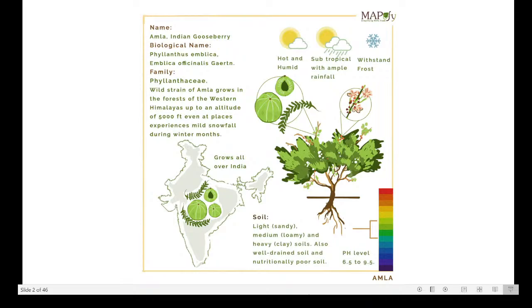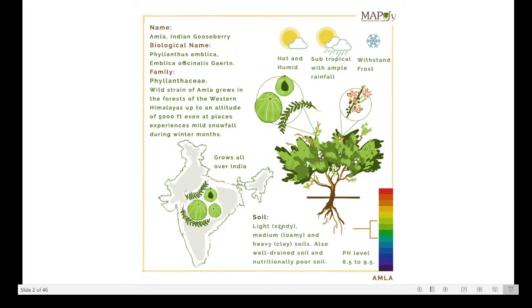Land like the coastal areas with salt content, in those areas this emblica is not able to grow. If you are planning to cultivate this emblica, you should select an area far away from the coastal areas. Then the next thing is the soil condition.